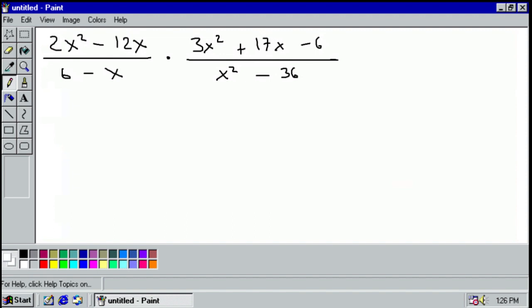So for this one, we can actually factor all of them. So here we have a GCF of 2. So 2x squared divided by 2 will give us x squared.